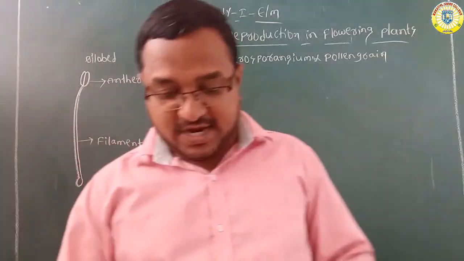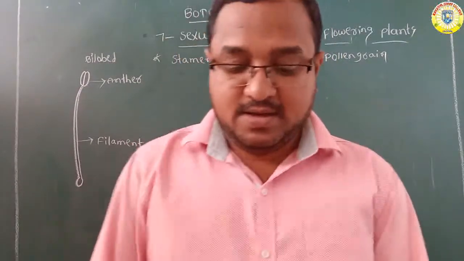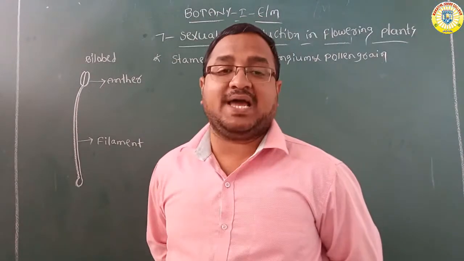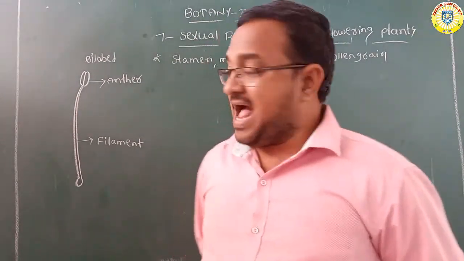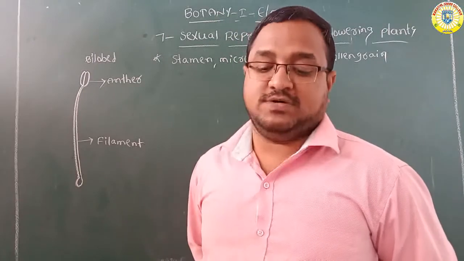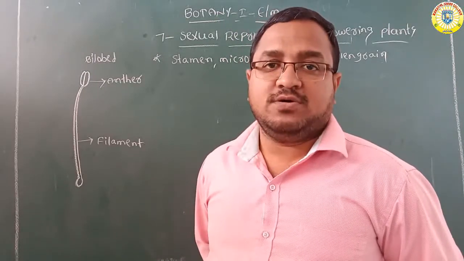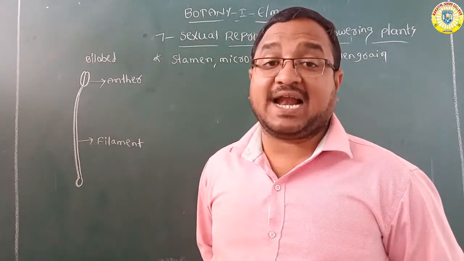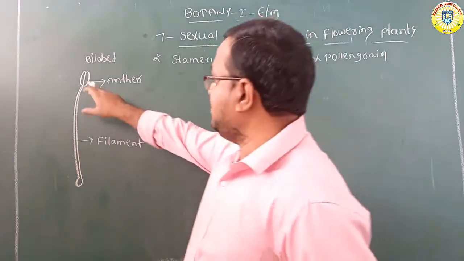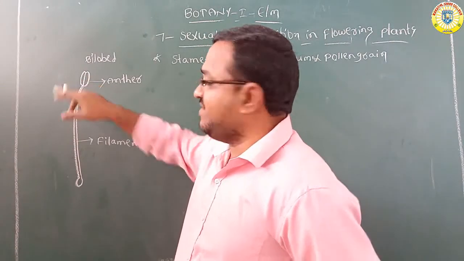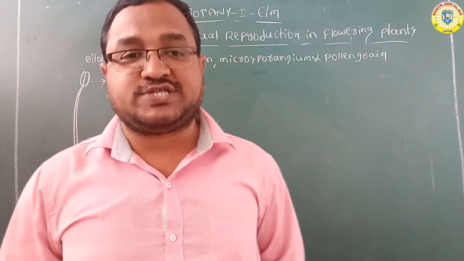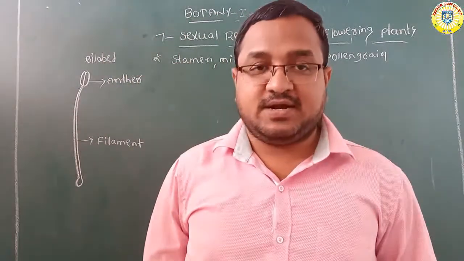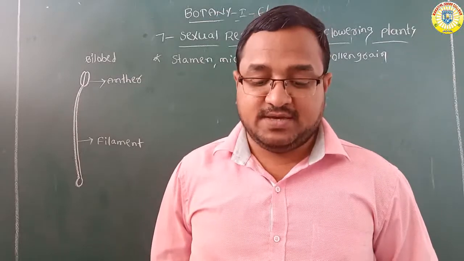In angiosperms, a typical anther is a bilobed structure. Two lobes are there, and each lobe has two sac-like structures, that is, two theca.